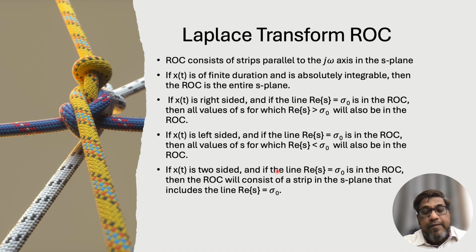So we have a general understanding now of what the ROC looks like for different types of signals, and we have not gone into the details of how to compute the Laplace transform itself.